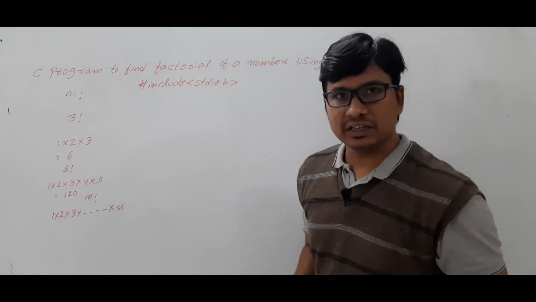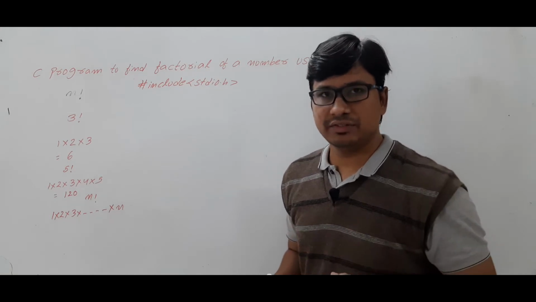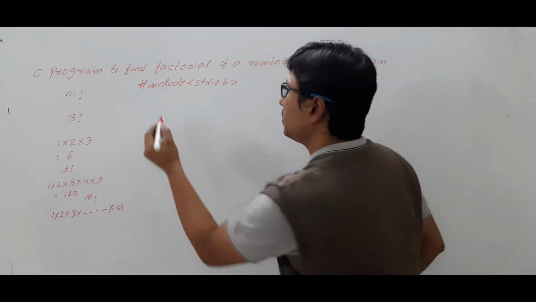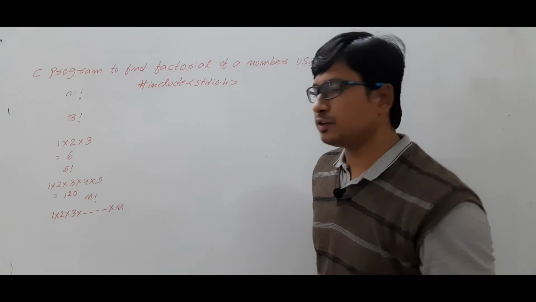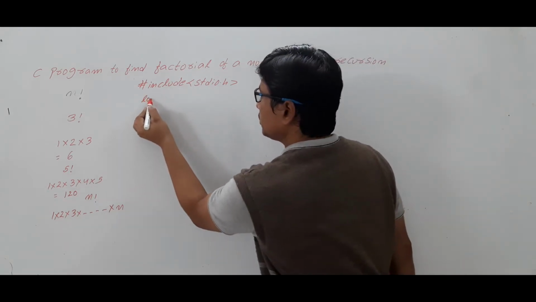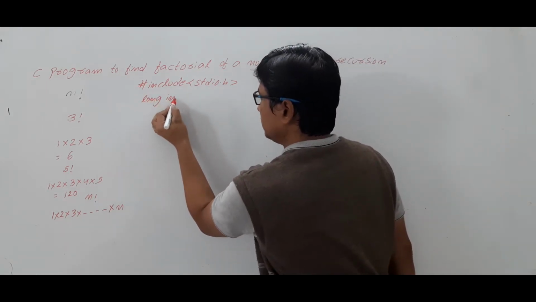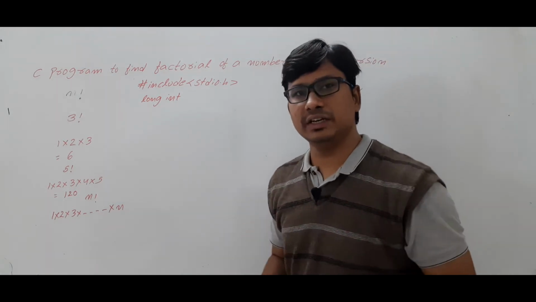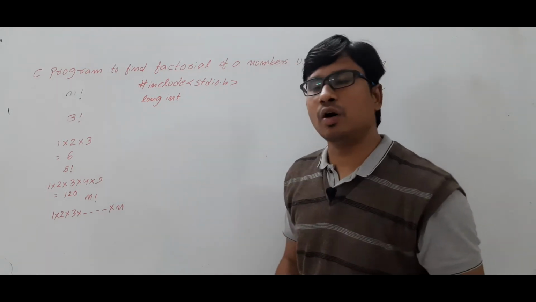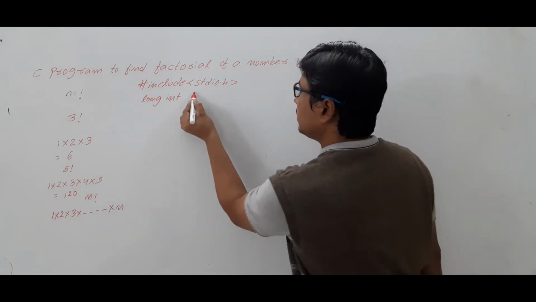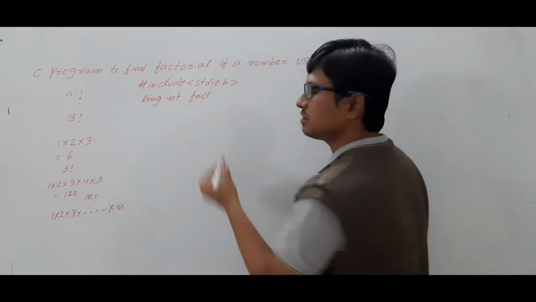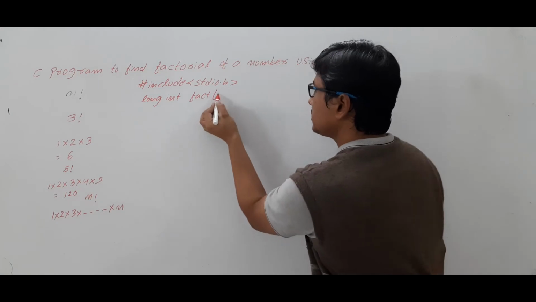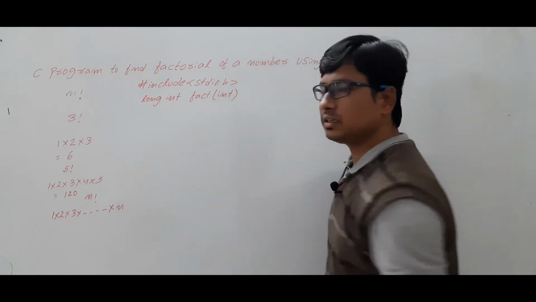Now whatever user defined function I will use, I need to declare it. The return type we need to specify. Here I want to return a long int, because a factorial of a number may be out of the range of the integer, so that's why I'm taking a long int. The name of the function I'm specifying as fact, and it is taking some integer variable as an input.